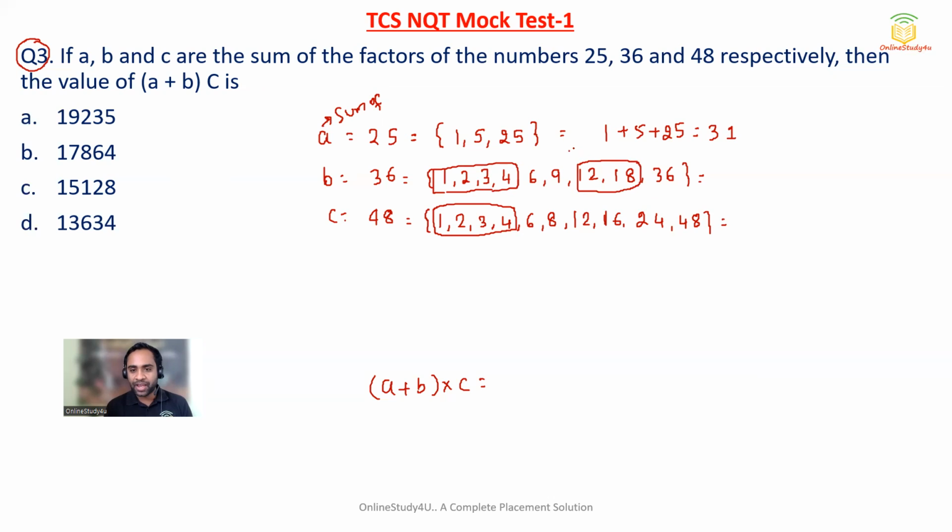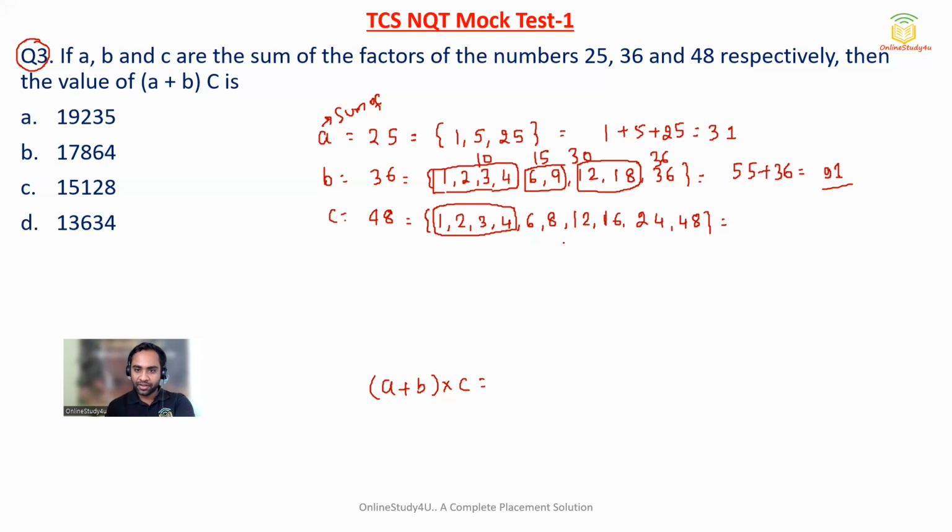So 18 plus 12 will be 30, and 9 plus 6 will be 15, and this is 10, and this is nothing but 36. So 10 plus 15 is 25, and 25 plus 30 is 55, right? So 55 plus 36 is 91. So it will be 91.